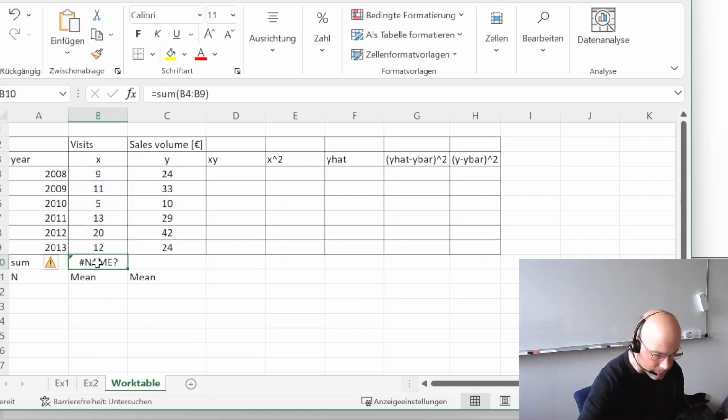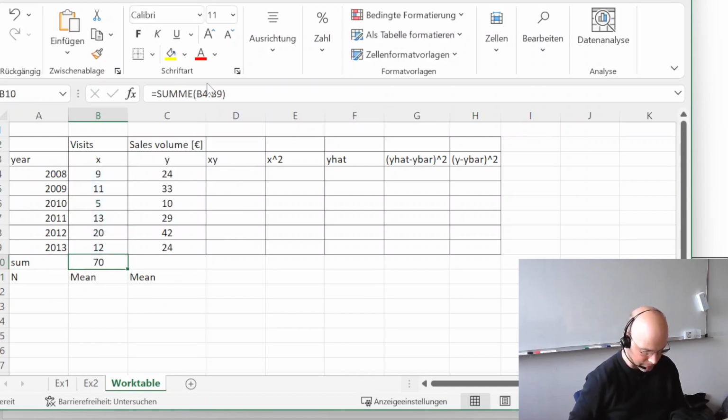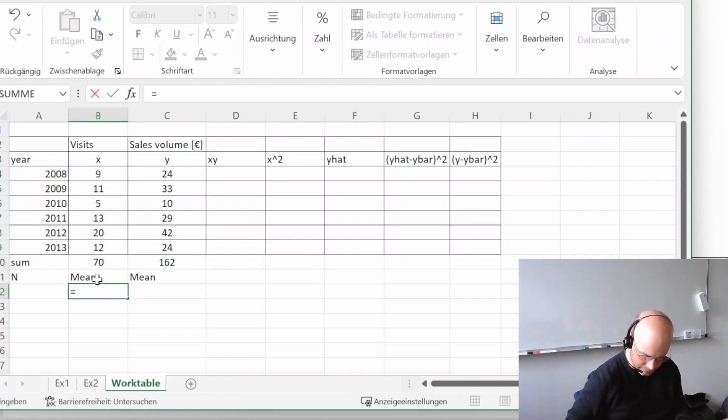Oh, this is German, so, Summe. And then we obtain the mean: 70 over the sample size, and the sample size is just 6.